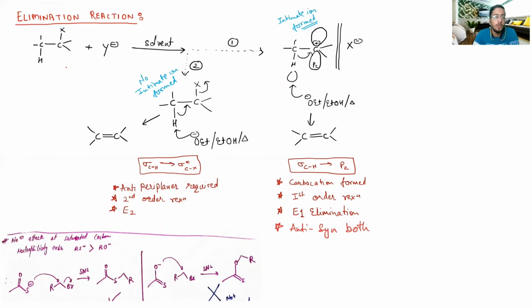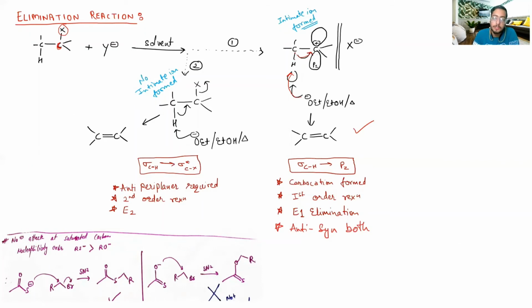Now we have two conditions in elimination reactions also. The first one is that before the base attacks the beta hydrogen, X leaves and generates a carbocation here, similarly to nucleophilic substitution, and this is called E1 elimination. So before the attack of the base, X leaves and we get a carbocation at this carbon, and then the base attacks the beta hydrogen, the bonds move, and we get an alkene product.